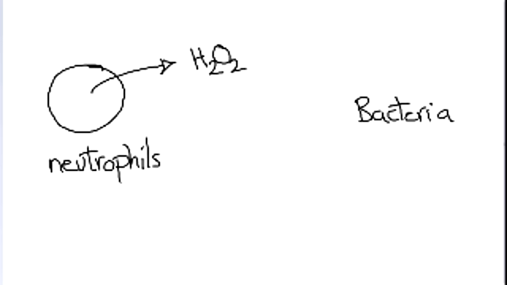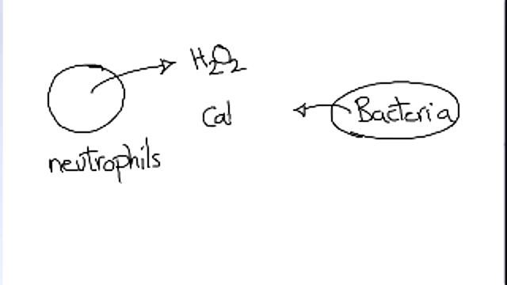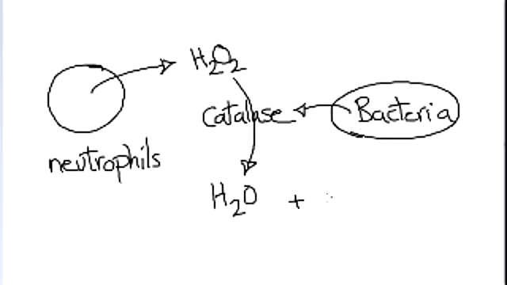The hydrogen peroxide is used by the neutrophils as a precursor to produce toxic molecules by which they kill bacteria. Some bacteria defend themselves by producing an enzyme called catalase. This enzyme catalyzes the conversion of H2O2 into H2O and oxygen.